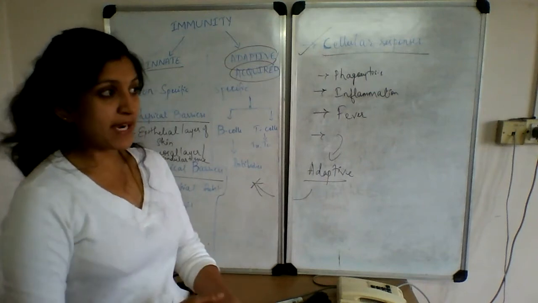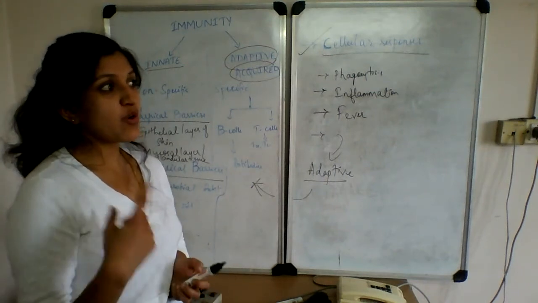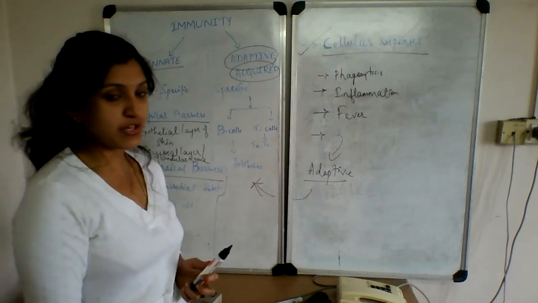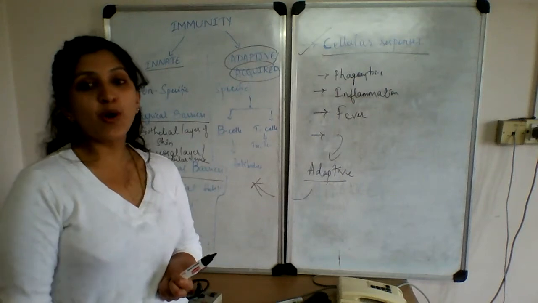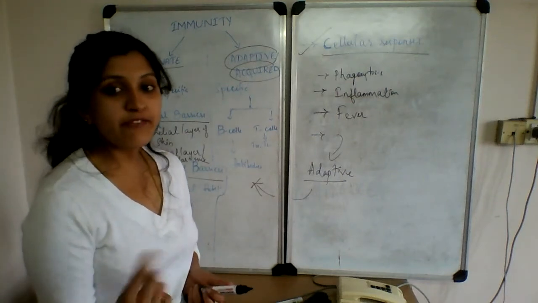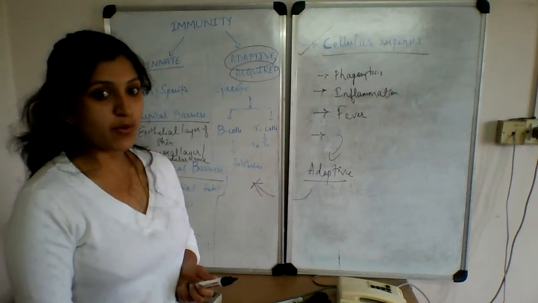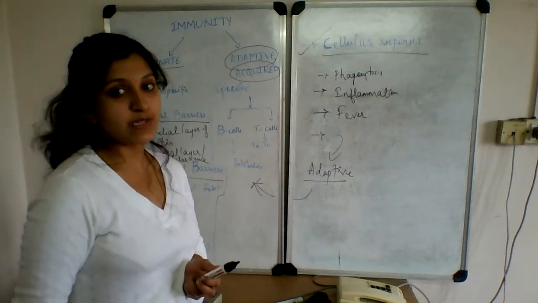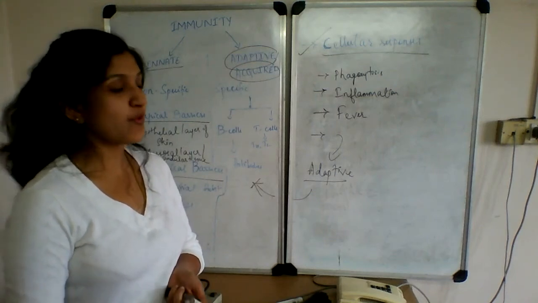But if the same pathogen attacks our body a second time, it will give an immediate response. That is, it will remember; it will form memory cells. B memory cells are formed and T memory cells are also formed.